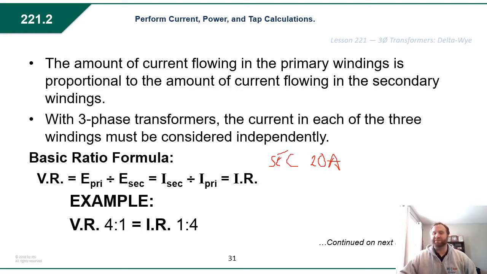If I have a 20 amp secondary, and my voltage ratio is 4-to-1, what would be my primary amperage? I would simply take that 20 amps and divide it by 4. It's a 4-to-1 ratio. So for every 4 amps on my secondary, I will have 1 amp on the primary. So 20 divided by 4, 5 amps. I would have 5 amps on my secondary. Or I'm sorry, on my primary. Again, a 4-to-1 ratio.